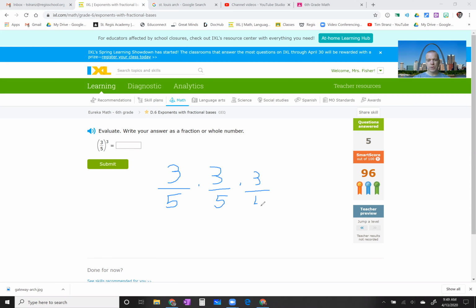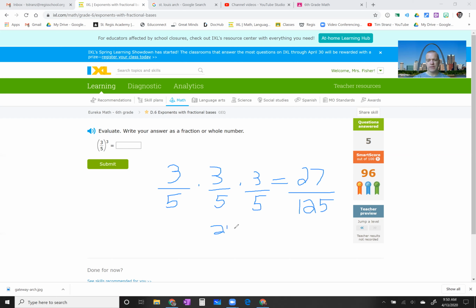So again, you're just gonna multiply straight across. 3 times 3 is 9, 9 times 3 is 27. 5 times 5 is 25, 25 times 5 is 125. Okay, let me make sure I got that right.